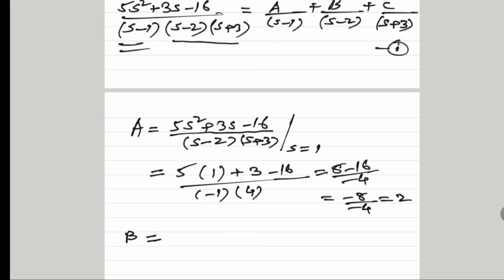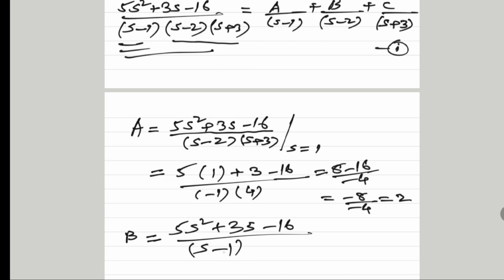This time we divide by s minus 2 from this product. We get B as 5s square plus 3s minus 16 divided by the remaining terms, which are s minus 1 and s plus 3, at s is equal to 2.